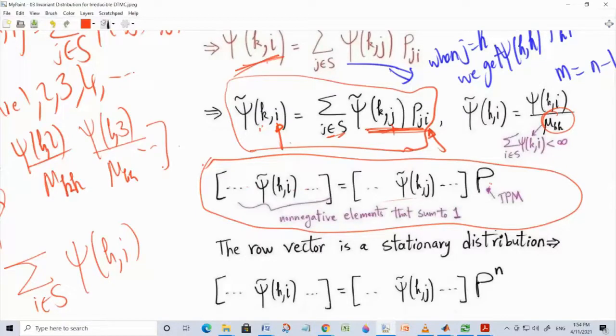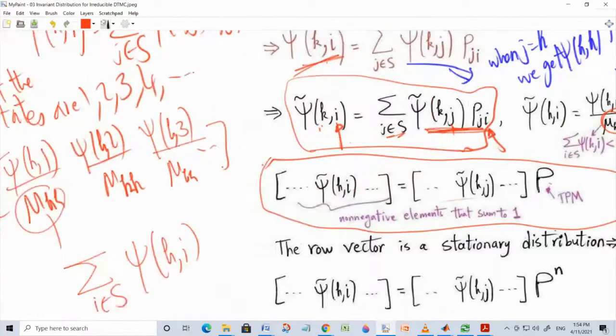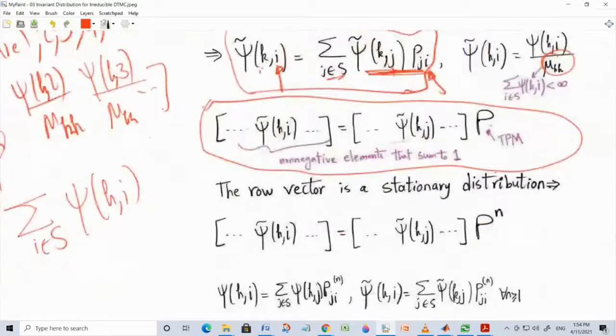If I give you an irreducible discrete time Markov chain and I tell you it has a stationary distribution, then you know that there is a positive recurrent state. And then we will also talk about uniqueness. Is this vector a unique stationary distribution, or can there be others? There are still some loose ends that we need to tie.